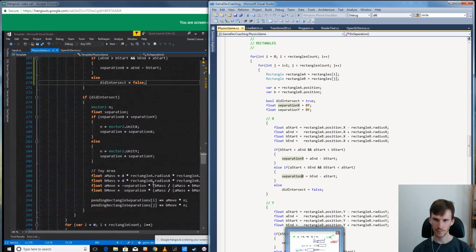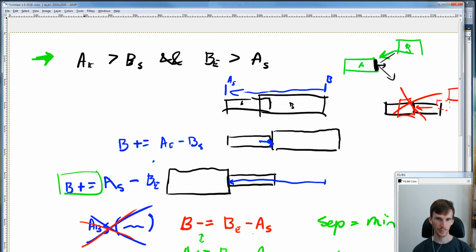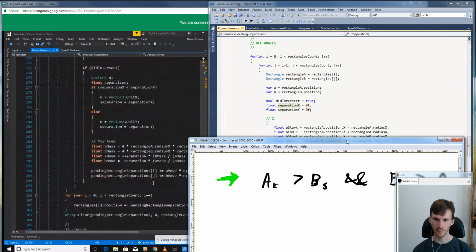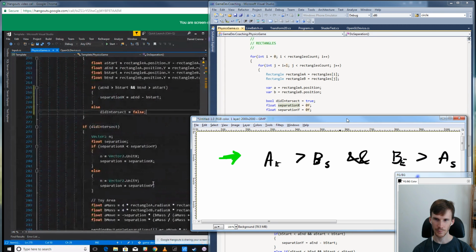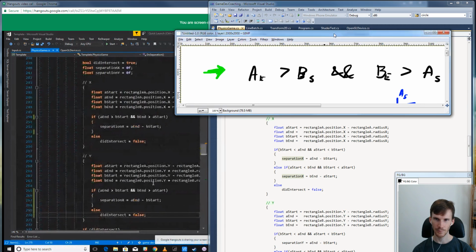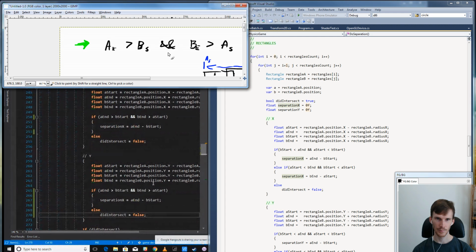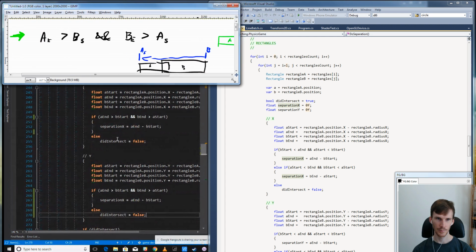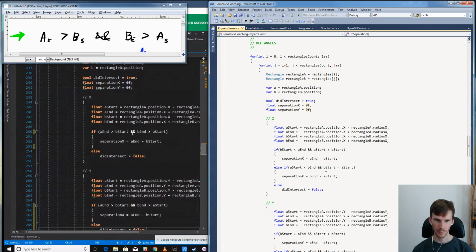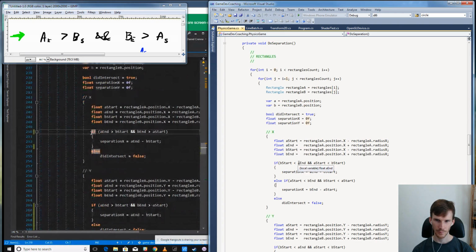I think we're doing all that separation stuff the way we should be, it was just calculating the values. I just don't know if we have to do something different for y, because I did literally that here. Well, let's say I'm pretty sure we've got this correct.